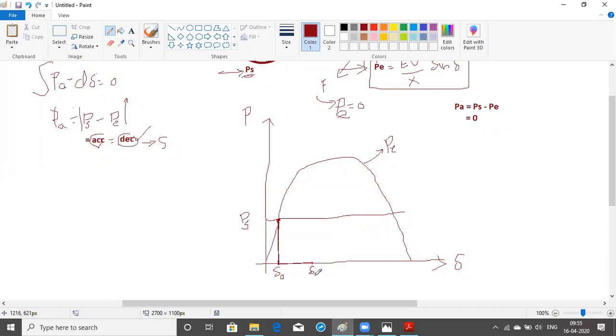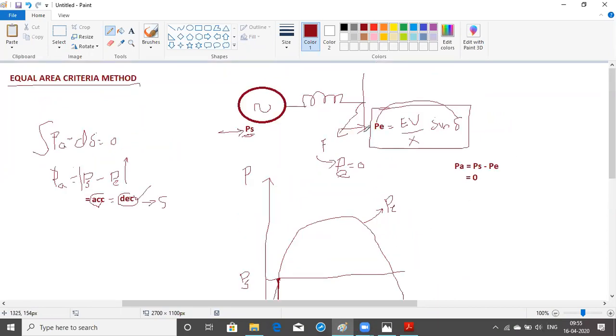So when the fault has taken place, what happens? Because electrical power is equal to 0 and there is no load, the rotor will start accelerating. This is a stator axis and this is a rotor axis, and this is delta.